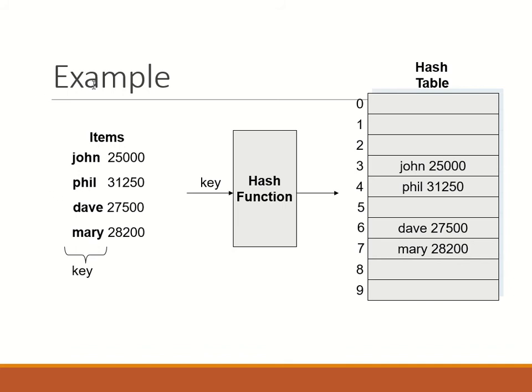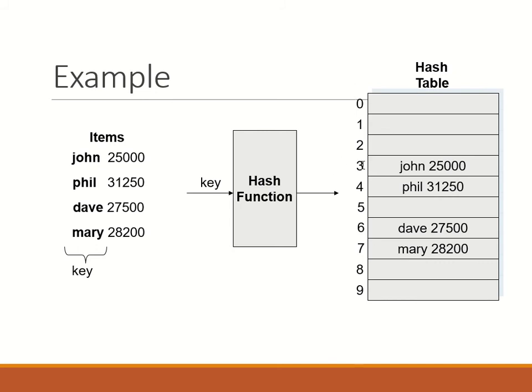Now you're going to give the key into a particular hash function. It can be anything. That is the decision taken by the designer. So that hash function is applied, and according to that hash function, you are going to map them into indices from 0 to 9, because this hash table has a size of 10.